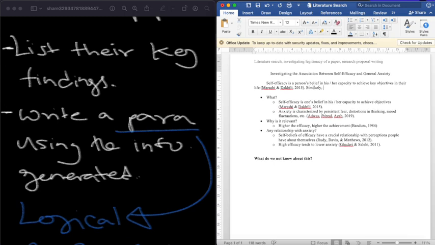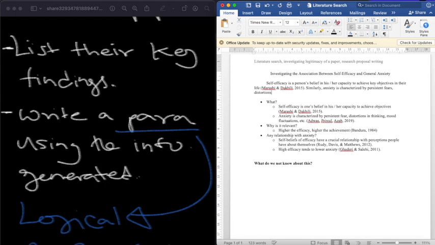Similarly, anxiety is characterized by persistent fears, distortions in thinking, and mood fluctuations, etc. a person might have on a regular basis.